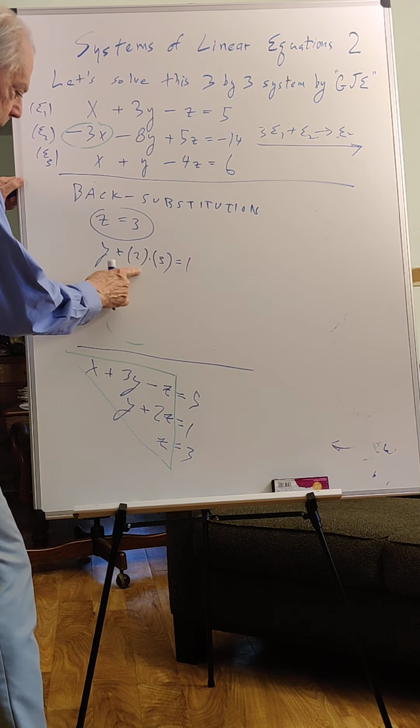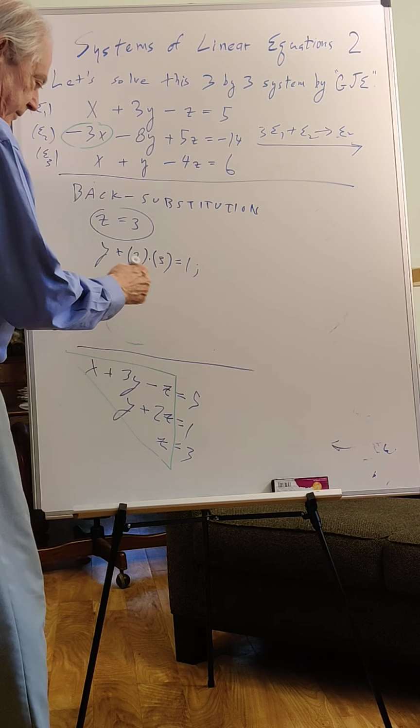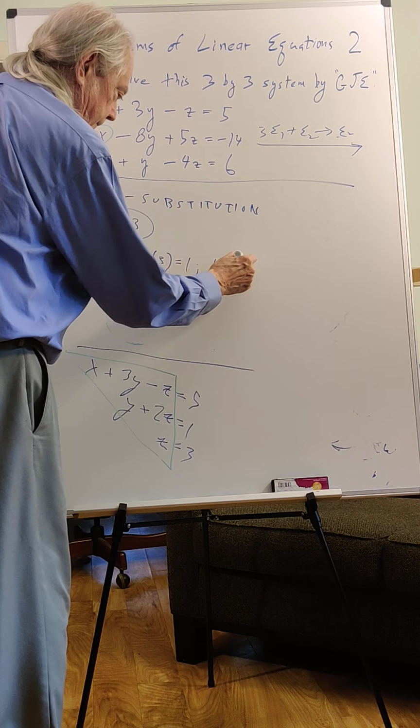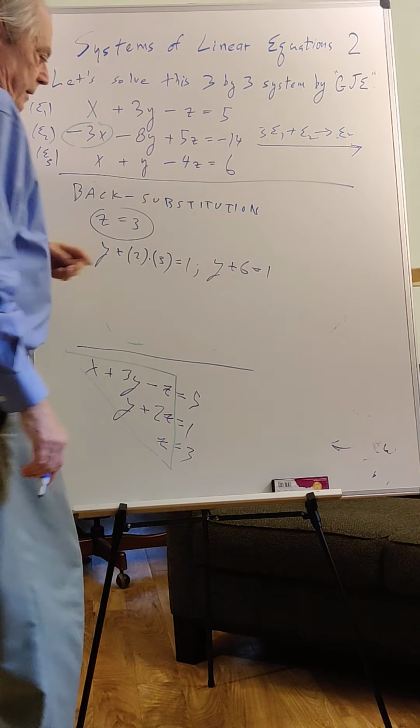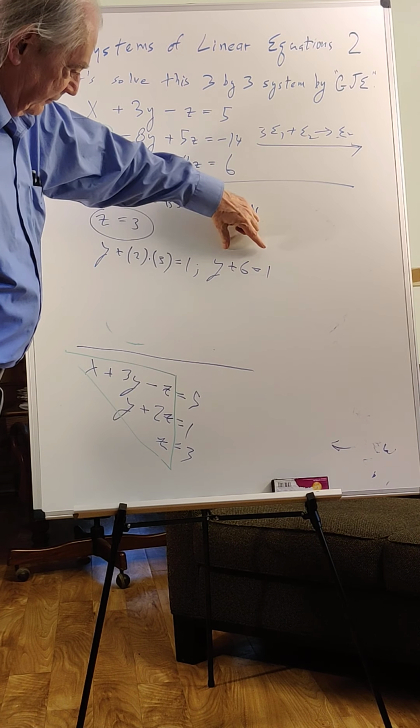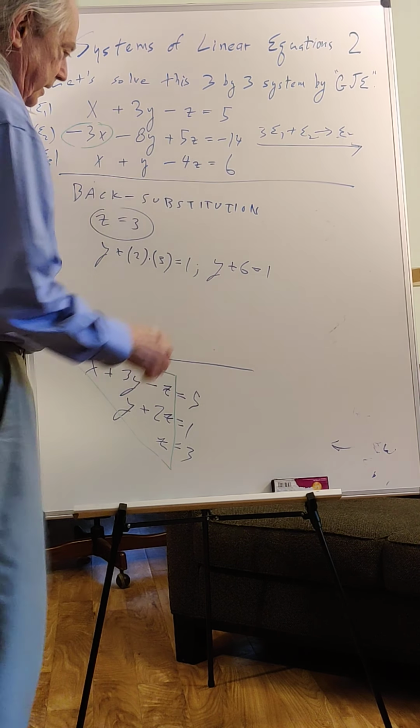Okay, so y plus 6 is 1, right? 2 times 3 is 6. y plus 6 is 1. Now subtract 6 from both sides, so y will be negative 5.